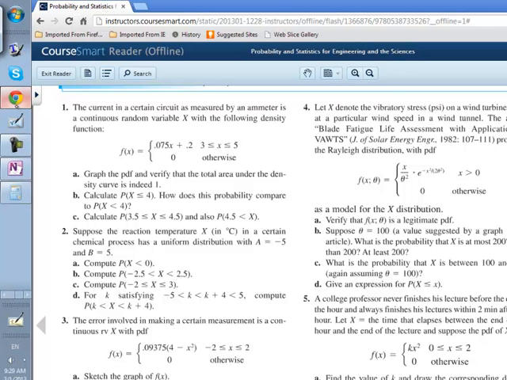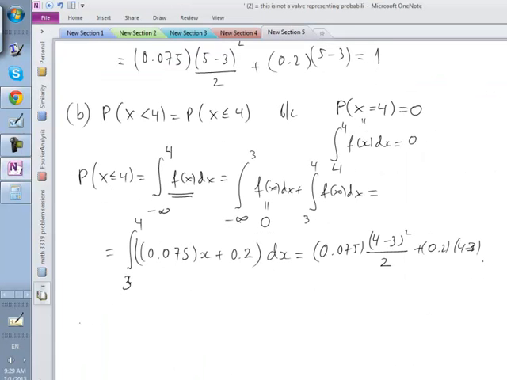And if we want to do question C, then we can calculate the probability that x takes values between 3.5 and 4.5. That would be the integral from 3.5 to 4.5.